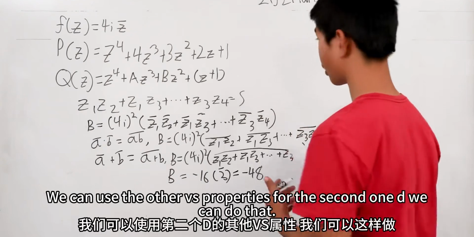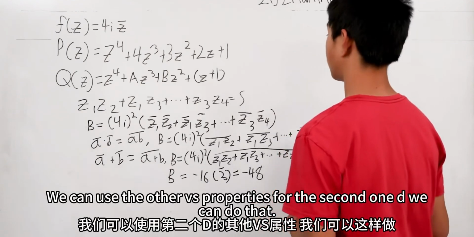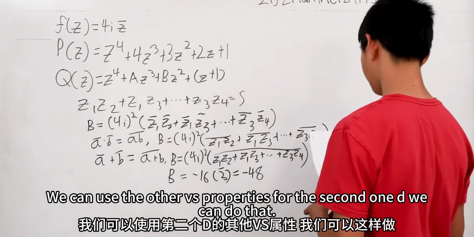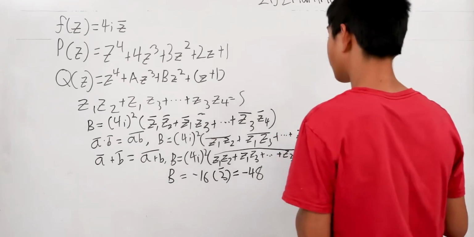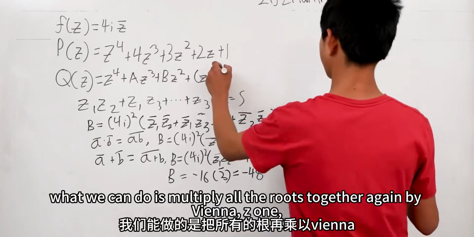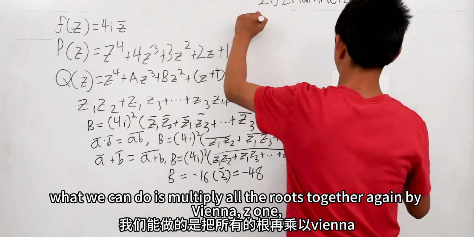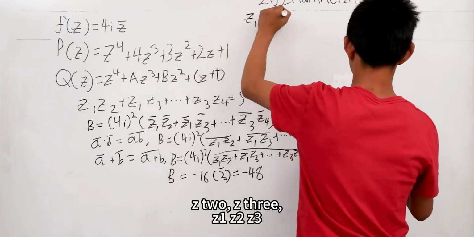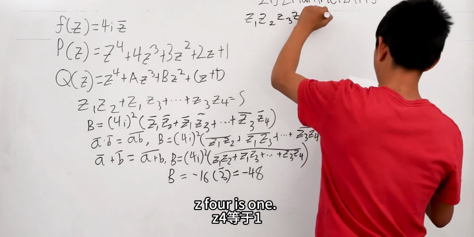So we can use the other Vieta's properties for the second one, d. What we can do is multiply all the roots together again by Vieta's: z1 z2 z3 z4 is 1.